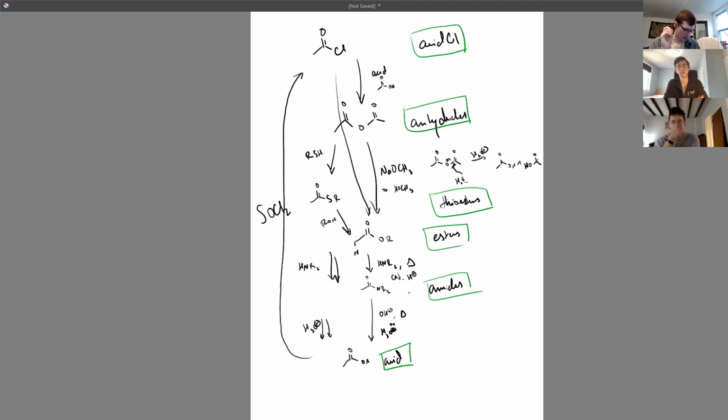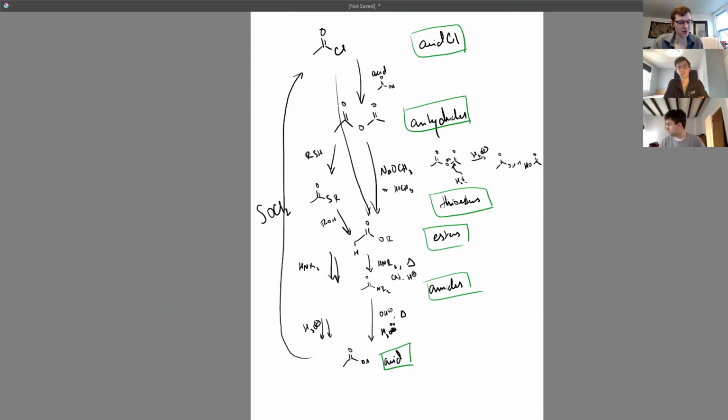I think there's some good number of other reactions covered in this chapter too, but maybe most of them are just specific cases of these reactions. For example, I know there's a section on transesterification or saponification, but those are just these reactions, or some variant of the Fischer esterification.